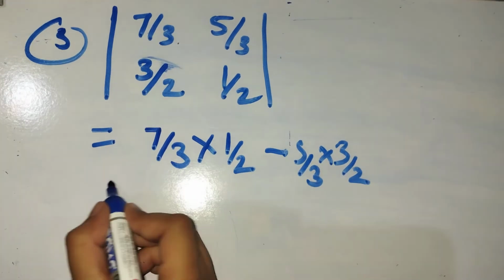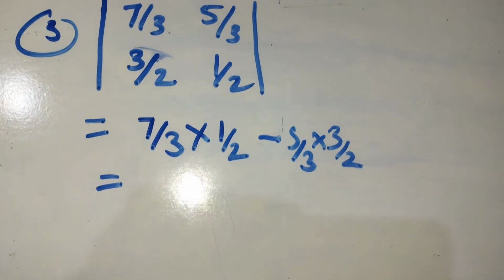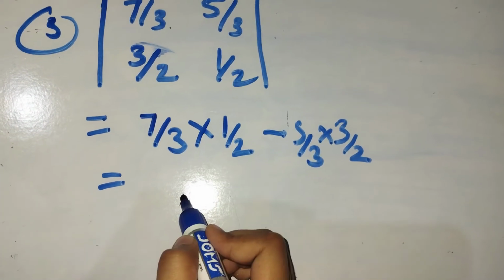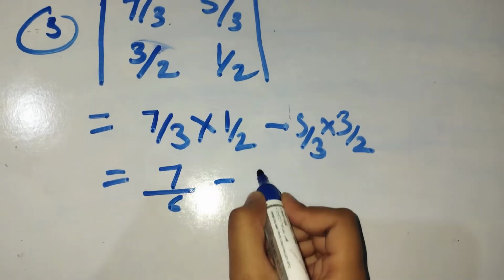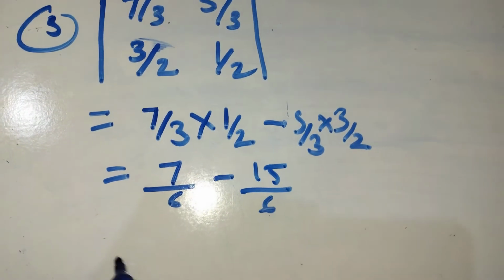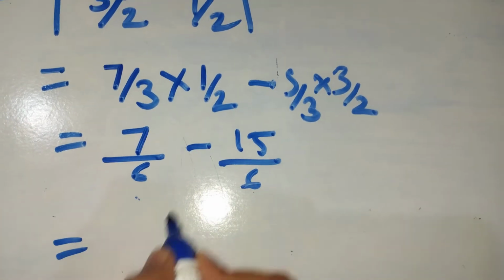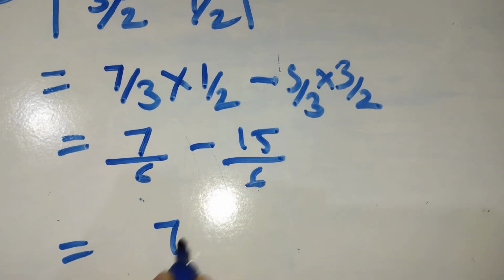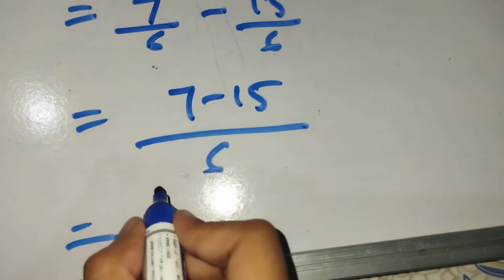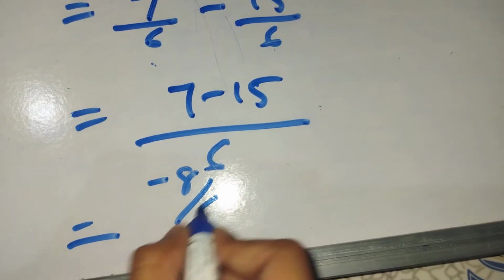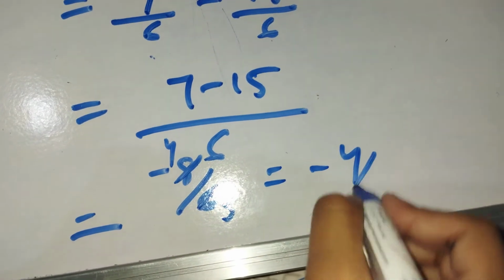Multiply the numerator with the numerator and the denominator with the denominator, because it's a multiplication. 7 ones are 7, 3 twos are 6, and 5 threes are 15, and 3 twos are 6. Here you have the same denominator, so you can simply subtract the upper values. 7 minus 15 upon 6, and then you will get minus 8 by 6, that is 4 by 3. Your answer will be minus 4 by 3.